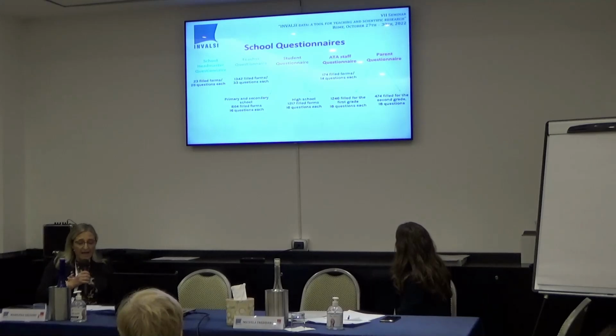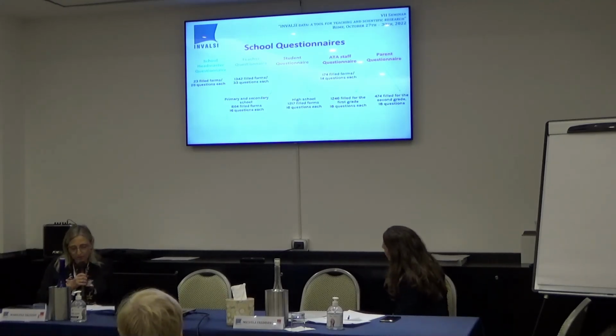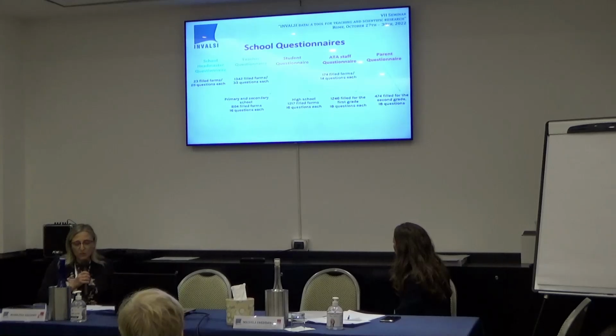School head master questionnaire, 29 questions; teacher questionnaire, 33 questions; other staff questionnaire, 14 questions; each of the primary and secondary school students form and the high school students form, 16 questions each.